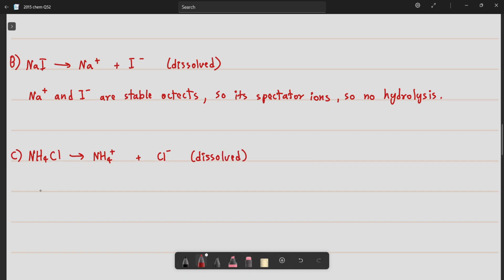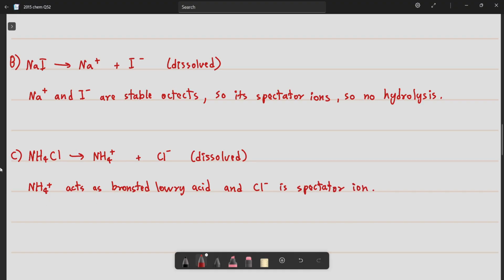We must know that ammonium ion acts as a Bronsted-Lowry acid, and chloride ion, just like bromide ion, iodide ion, and sodium ion, is also a spectator ion.